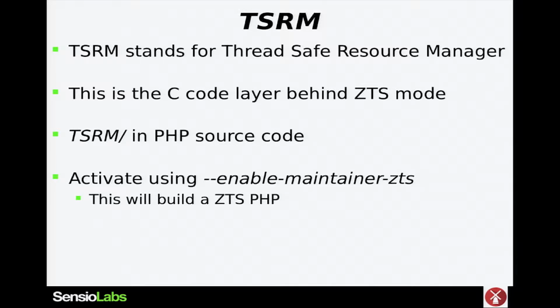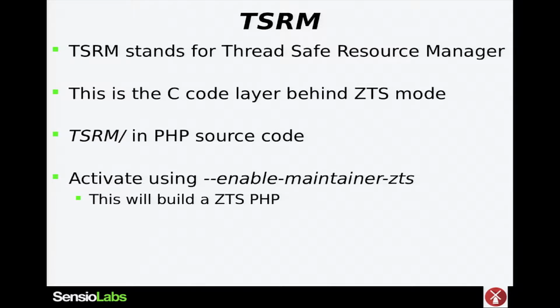It's in the TSRM/ folder in PHP source code. So if you grab PHP source code and you want to study how it handles several threads, you can look at the code in the TSRM directory.